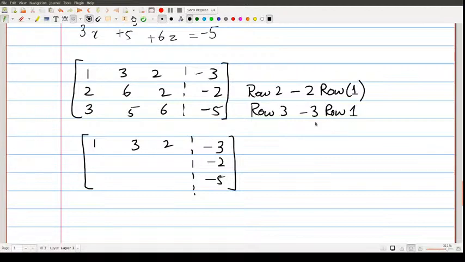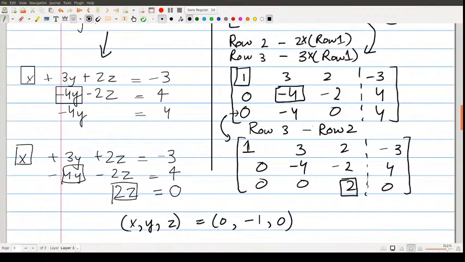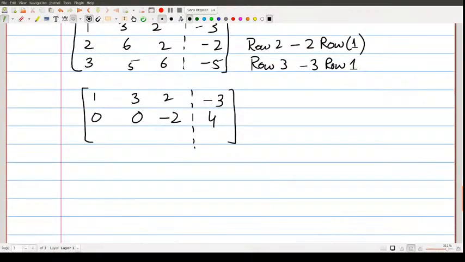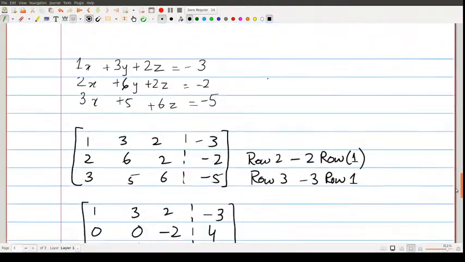So 2 minus 2 times this is 0, 6 minus 2 times 3 is also 0. 2 minus 2 times 2 is 2 minus 4, which is minus 2, and minus 2 plus 6 gives me 4. This one becomes 0, 0, 2. I've already done this process, that's the same row: minus 4, 0, and 4.